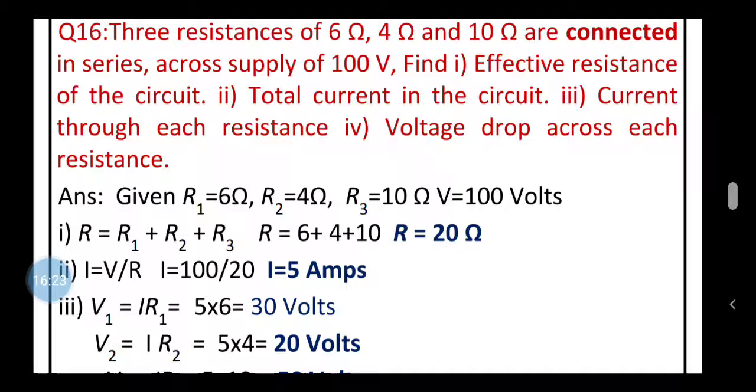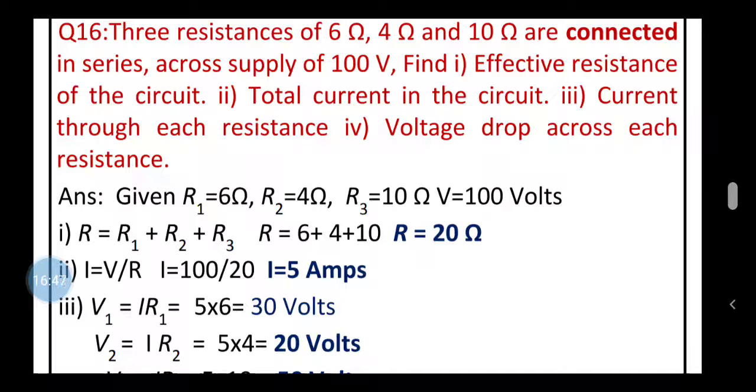From the given data, you see there are three resistances. I consider R1 is the first resistance, 6 ohm, R2 is equal to 4 ohm and R3 is equal to 10 ohm. These three are connected in series. Across this series circuit, a voltage of 100 volts is applied. First, he has asked what is the effective resistance.